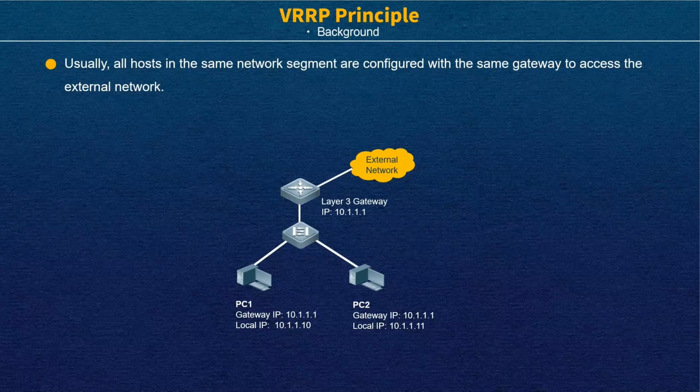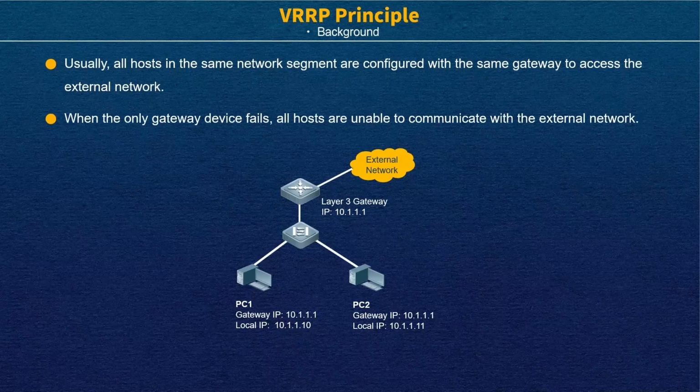But if the topology is like this one, with only one gateway device, and that device is broken, all the hosts cannot visit the other segment.